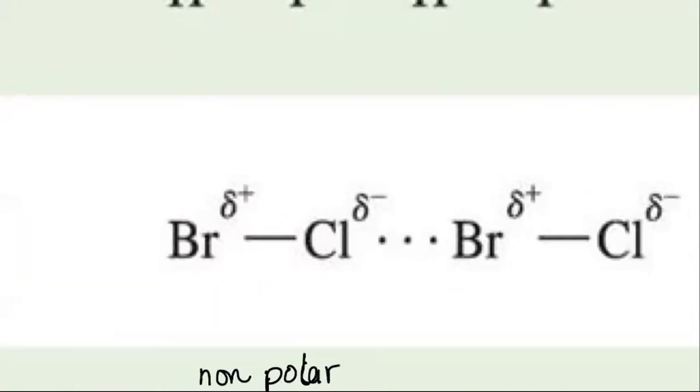So taking this into account, the bond between bromine and chlorine, the only thing that you don't see included here is going to be the lone pairs. But we know that there's going to be 3 lone pairs on each.